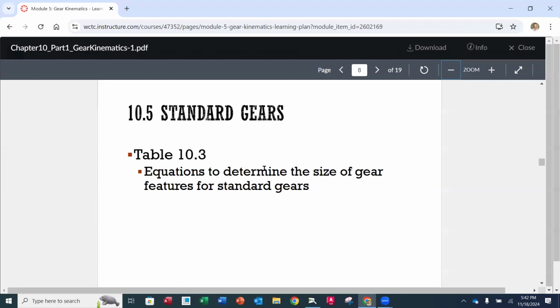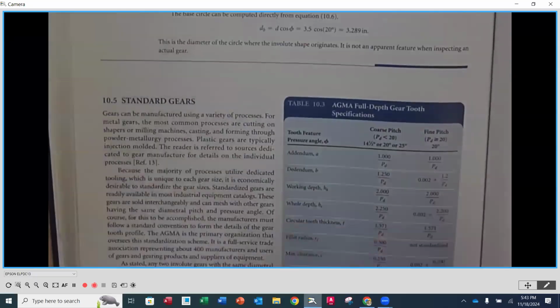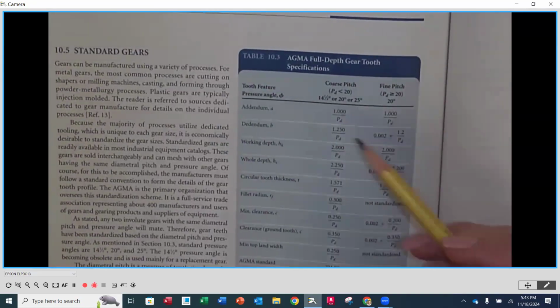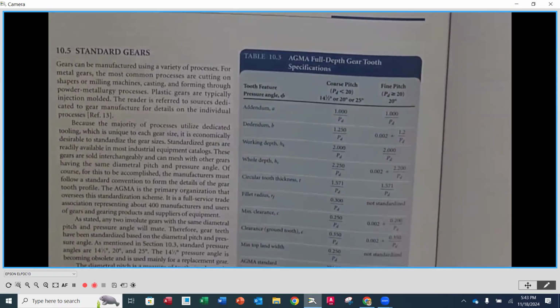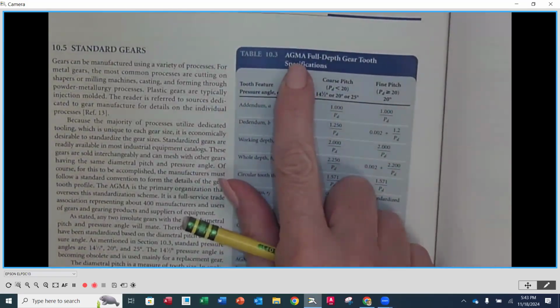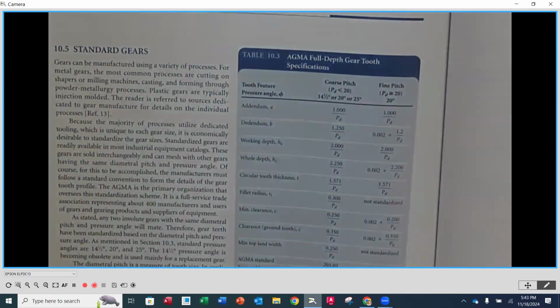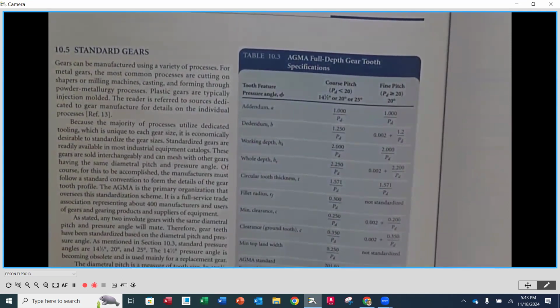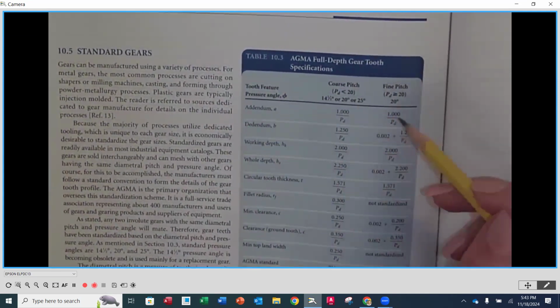Standard gears. So if we go a little bit lower on that very same page, there is a chart. And this chart gives us the standard equations for each one of the characteristics on an involute tooth. Now, the American Gear Manufacturing Association is the governing body or the standards body for gears. So they are the ones that come up with these relationships.